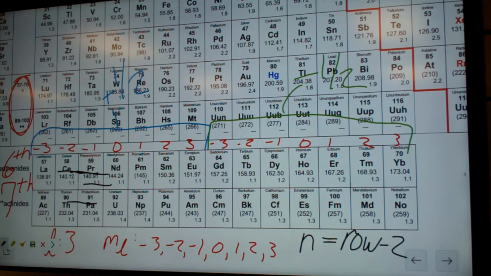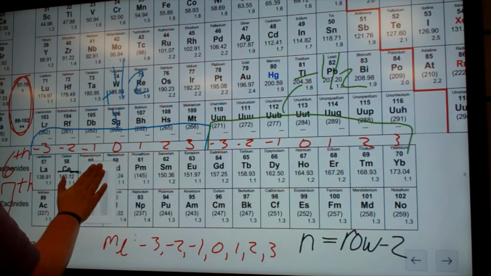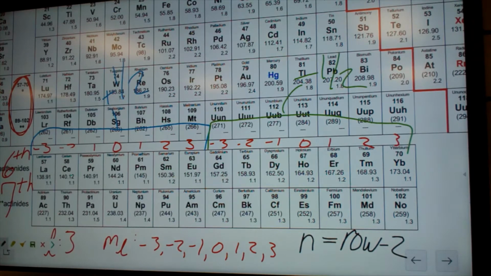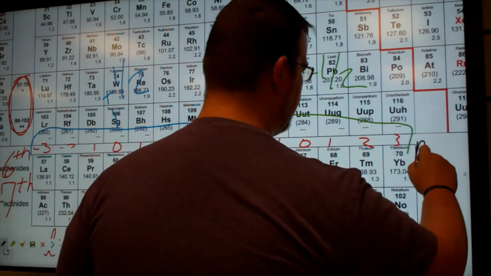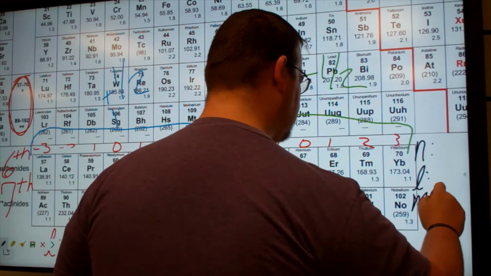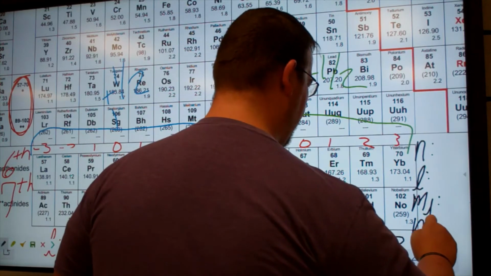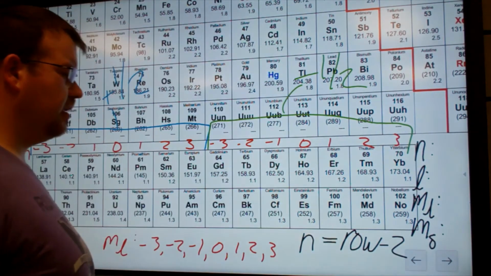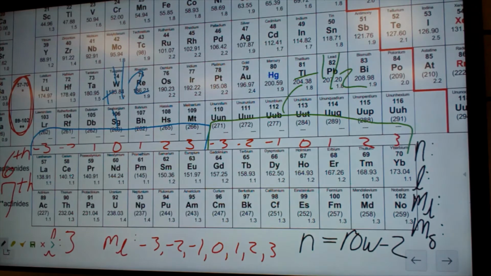That didn't work out how I wanted it to. So we'll do the 4 quantum numbers here: N, L, M sub L, and M sub S. My S looks awful, but that's an S.